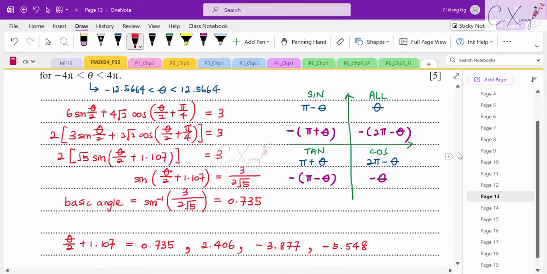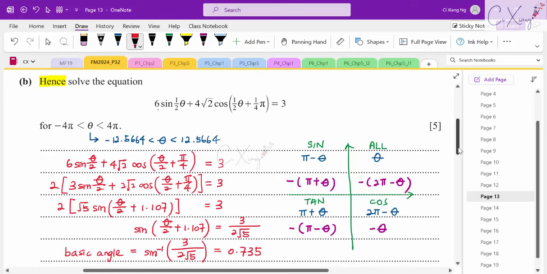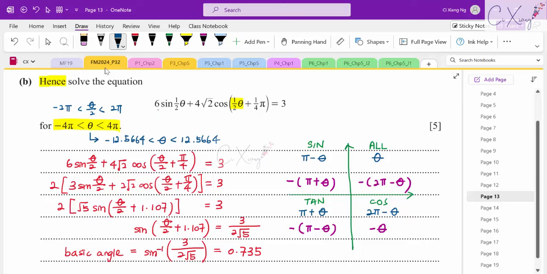It is because in the range that I have here, they did mention that theta is from negative 4 pi until 4 pi. But in my equation, I have theta over 2. So if I consider theta over 2, it will be roughly from negative 2 pi until positive 2 pi, which is one round. Of course, during the calculation, there may be some answers out of the range.